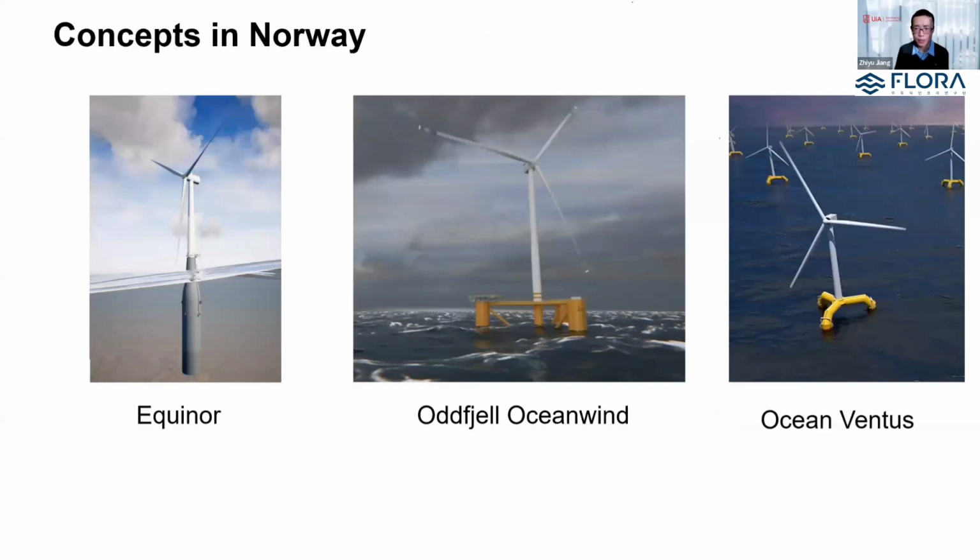And there are a few concepts that have been proposed by various Norwegian companies. The very last one, the very left one, is the Equinor concept, right? This is the spar platform used by the Hywind Tampen site. As mentioned earlier, this platform itself is made of concrete technology.